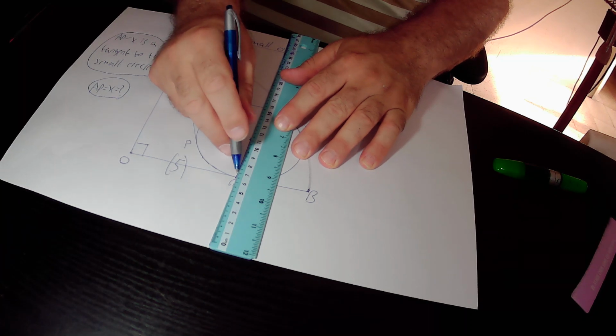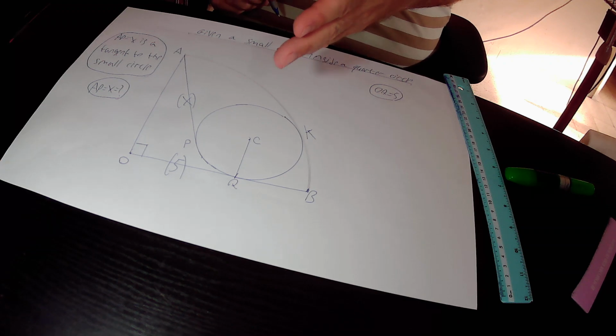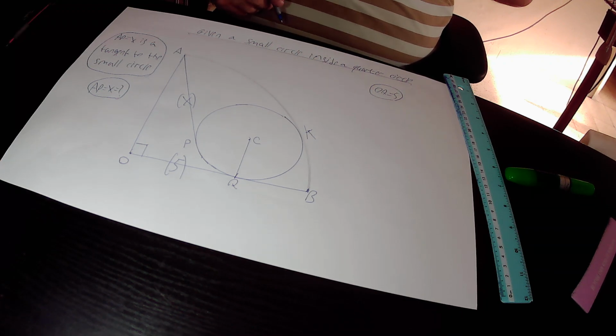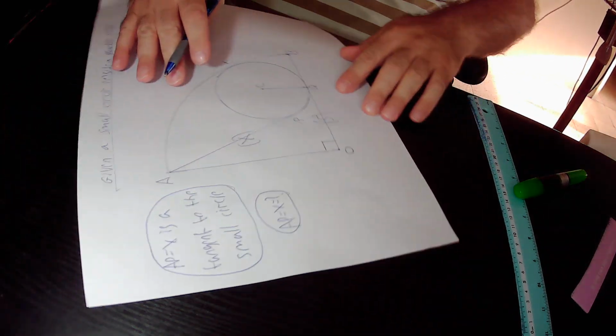CQ is of course the radius of this small circle. So we define the radius of this small circle as A, so CQ equals A, according to our definition.